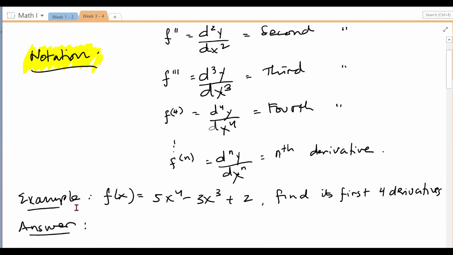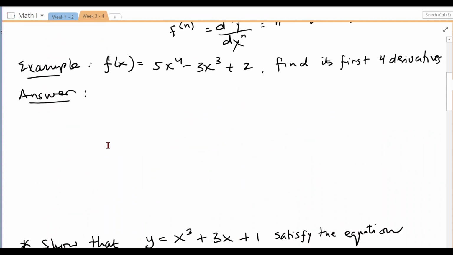For example, f(x) equals 5x to the 4 minus 3x cubed plus 2. Find its first 4 derivatives. This question is asking for the first 4 derivatives, so we start with the first derivative, which is 4 times 5, which is 20x to the 4 minus 1, so 20x cubed, minus 3 times 3 is 9, x to the 3 minus 1 is 2, plus 0.